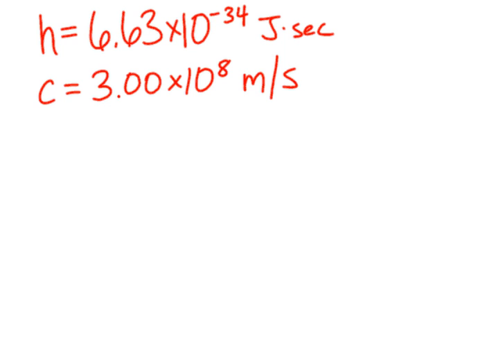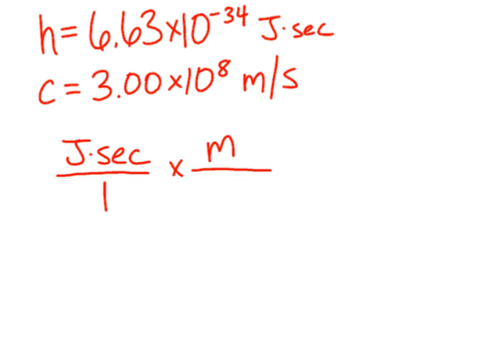If I multiply a unit of joule seconds, which is the same thing as saying it's over 1, by meters per second, you'll notice that my seconds will cancel out, and I'm left with a unit of joule meters. It is important that this unit is in meters, because that's why you wanted to convert your wavelength into meters.